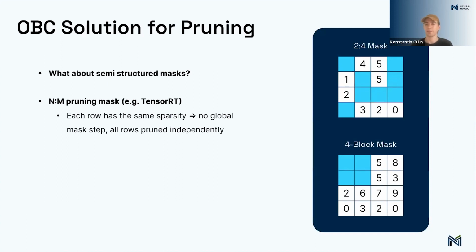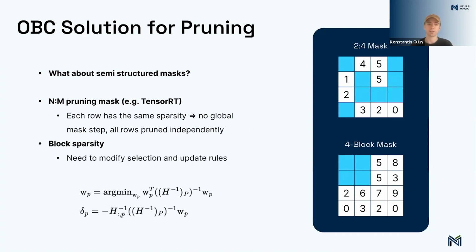Instead of at each step choosing the weight that has the lowest loss in the row, we look at sections of, let's say for a 2:4 mask, sections of 4 in the row, and then we just prune from there only until each section has 2 taken from it. So this requires very minimal modifications to the algorithm.